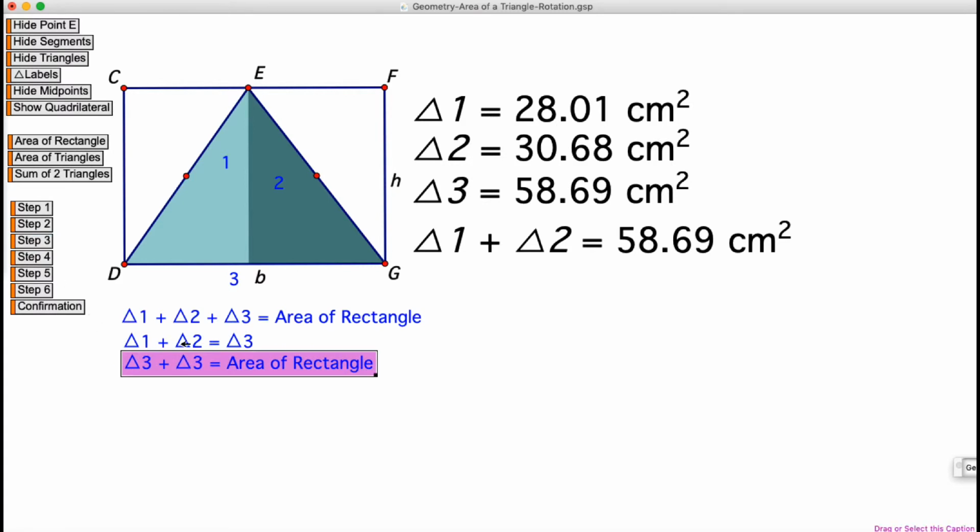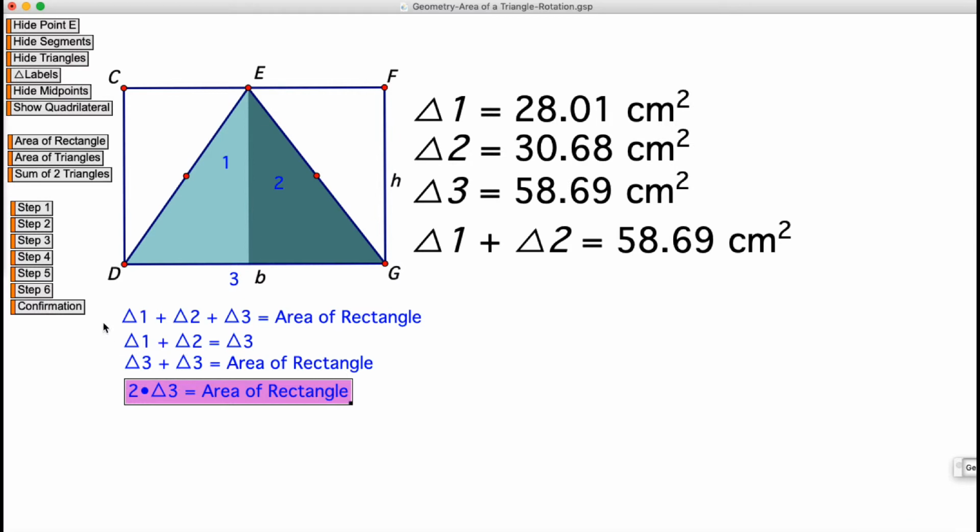Now, we can do some substitution. Since triangle 1 plus triangle 2 equals triangle 3, then we can replace triangle 1 and triangle 2 here with triangle 3. The algebraic concept of substitution. Now that I have that, triangle 3 plus triangle 3, well, that's like saying x plus x, which will simply be 2x, or 2 times triangle 3 will equal the area of the rectangle.